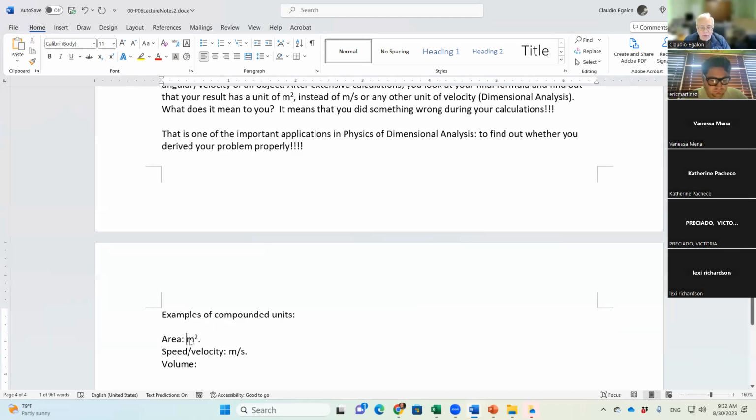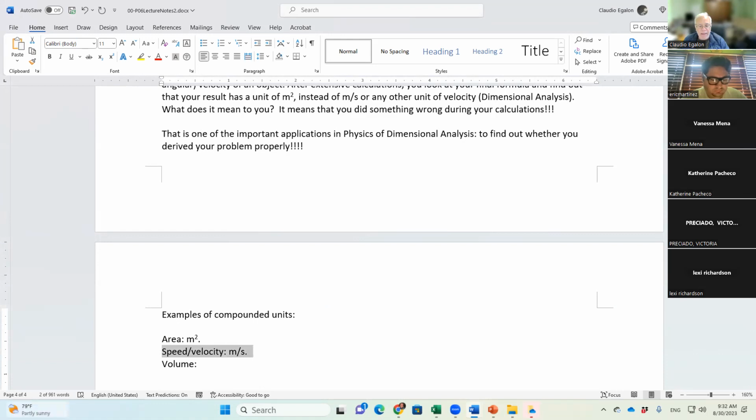Okay, volume, right? What's the unit for volume? Let me know there in the chat box. Anybody knows what the unit for volume is? It's another compounded unit. Notice that here we are multiplying 2 units.